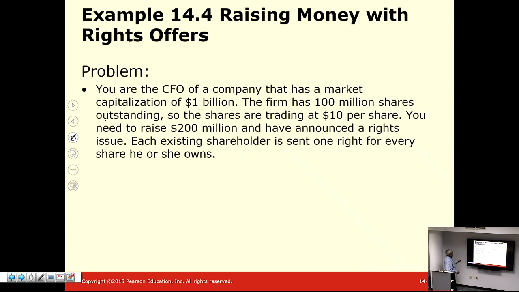So here is an example of raising money through a rights offering. Your company has a market capitalization of $1 billion. That means that's the market value of the firm, which is the stock price multiplied by the number of shares outstanding. The firm has 100 million shares outstanding, which means the stock price has to be $10.